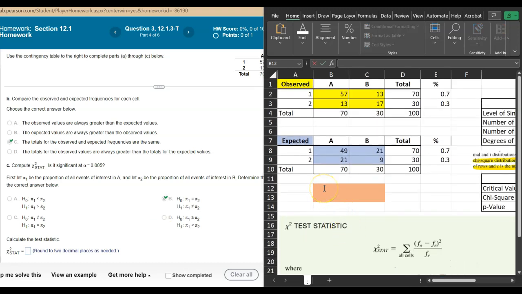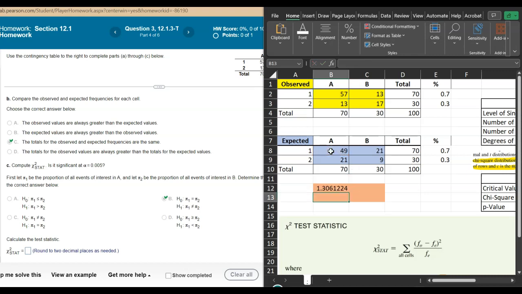Okay, let's start with the first cell. I'm going to click on the equal sign, open the parentheses, select the 57, which is the observed frequency, take away with the minus sign the expected frequency, which is 49, close the parentheses, press shift 6, which is the exponent, to square it, and then divide, which is the backslash, by the 49 again, which is the expected frequency.